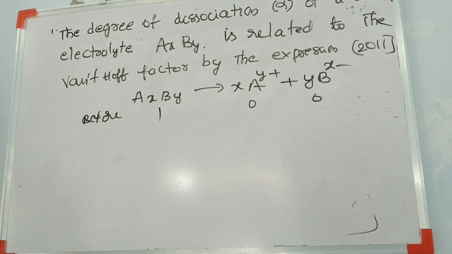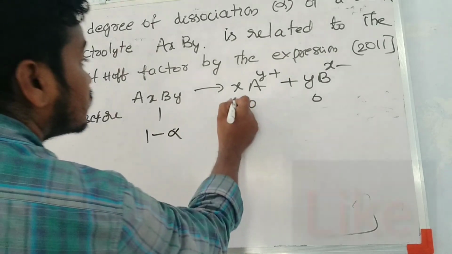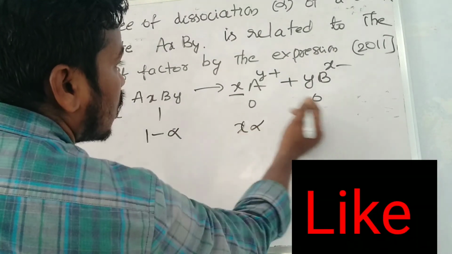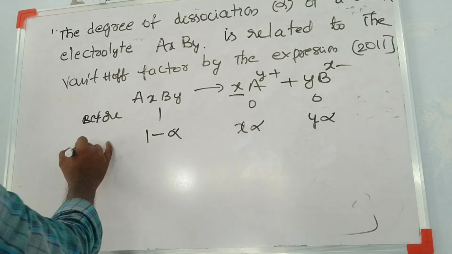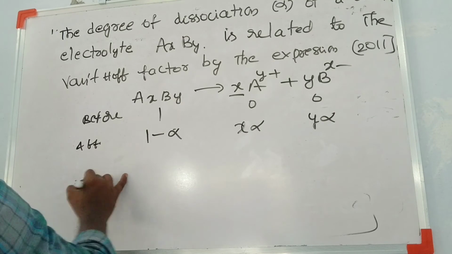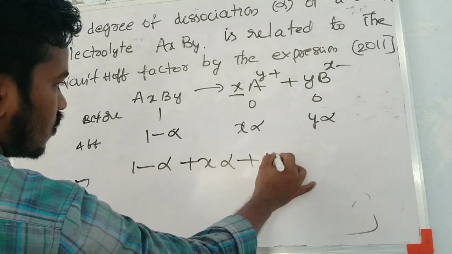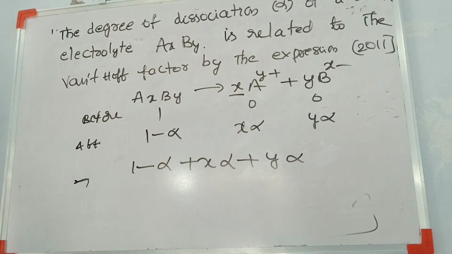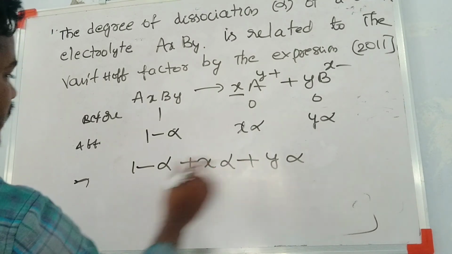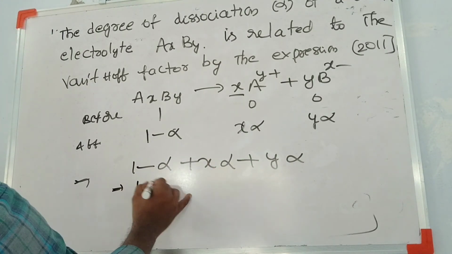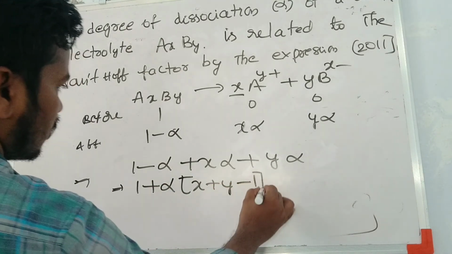After dissociation it is 1 minus alpha, x alpha, y alpha. If you do the summation of all this after dissociation, you get 1 minus alpha plus x alpha plus y alpha. Here alpha is common, so take alpha common: 1 plus alpha (x plus y minus 1).